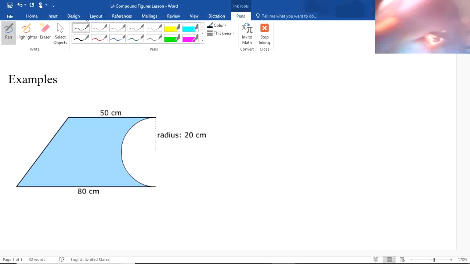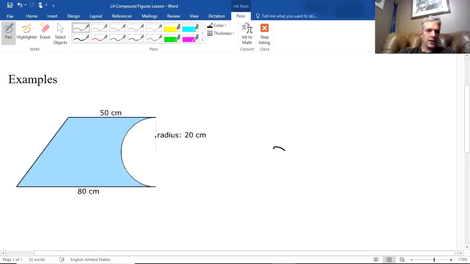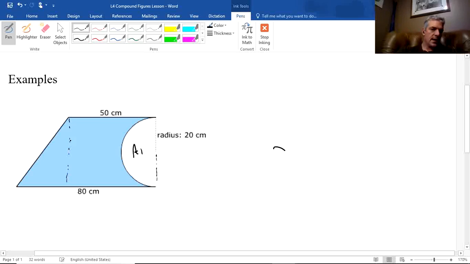First, I'm going to pretend that this line continues on like this, and I'm going to say this is area 1. Then I'm also going to draw a dotted line that comes all the way down here, and I'm going to call this area 2. Area 2 will include the semicircle in here. And then area 3 will be the triangle over here.